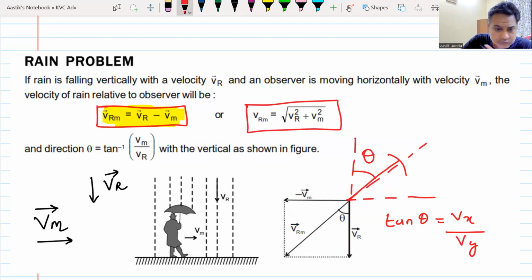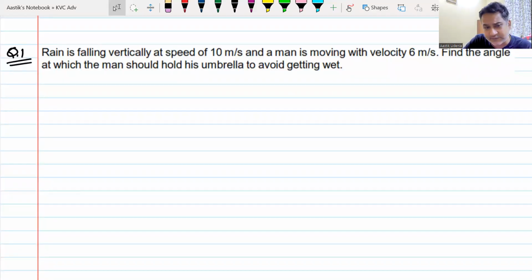Yes, sir. Question, the first one is very simple. The other one is also simple. The third one is also very simple. Solve it. Rain is falling vertically. Again, whenever the speed of rain is given, it is always given with respect to ground. Else they will tell you. Rain is falling vertically with a speed of 10 meter per second and a man is moving ahead with a velocity of 6 meter per second.